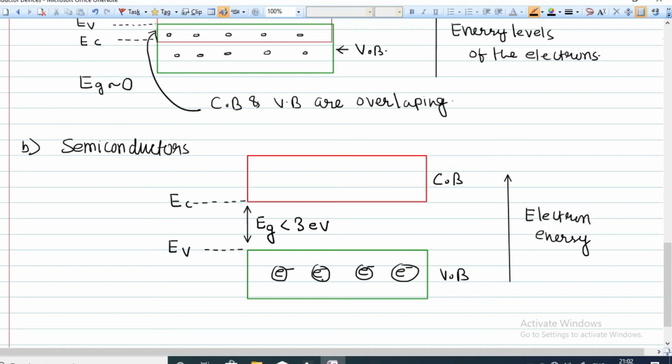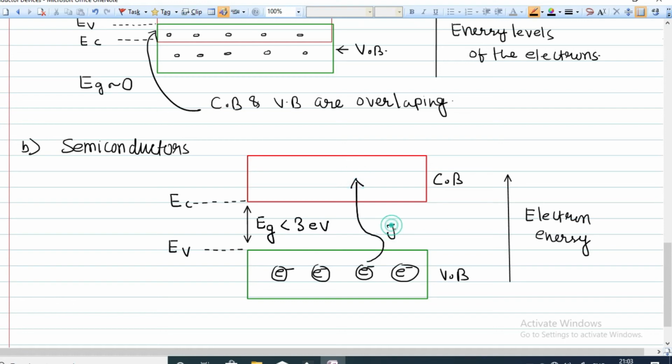Because the difference of energy between the conduction band and the valence band is very less, less than 3 electron volt only, we can supply the energy of a photon, or energy of radiation, or heat energy. Then electrons will absorb this energy and get excited, and they may jump from the valence band to the conduction band. And once the electrons are available in the conduction band, they are available for taking part in the conduction.